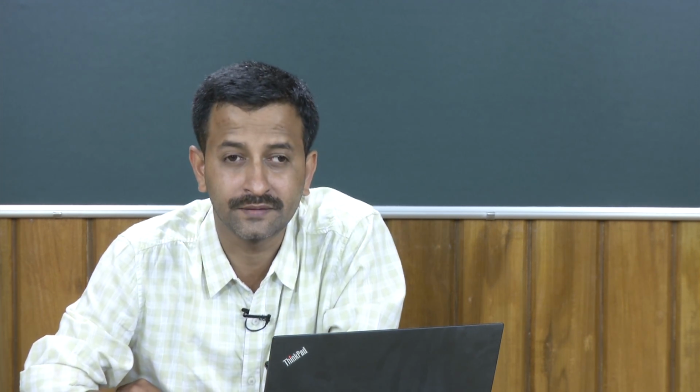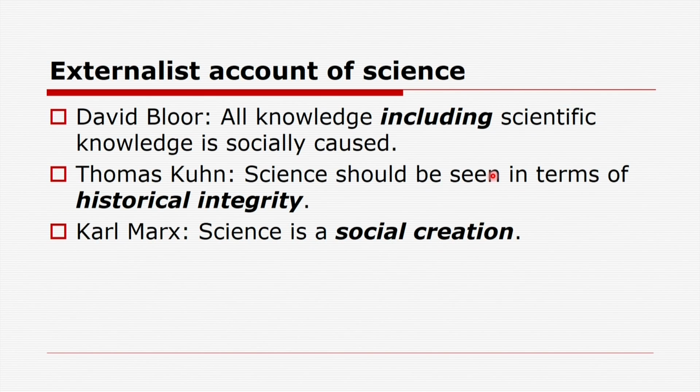Again, Thomas Kuhn, in The Structure of Scientific Revolutions of 1962, which is one of the best references in the world of STS studies, said that science should be seen in terms of its historical integrity.